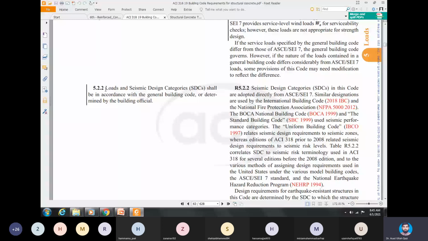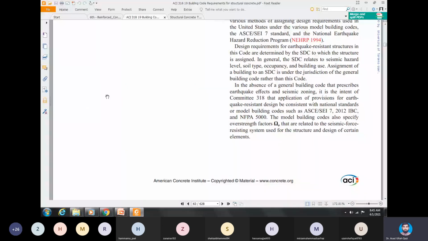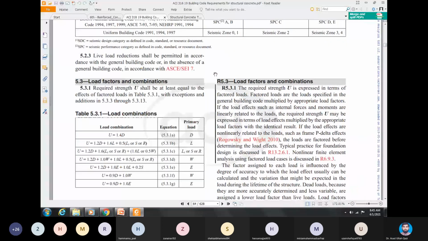So wherever changes are occurring, they are putting solid bold line along the text.